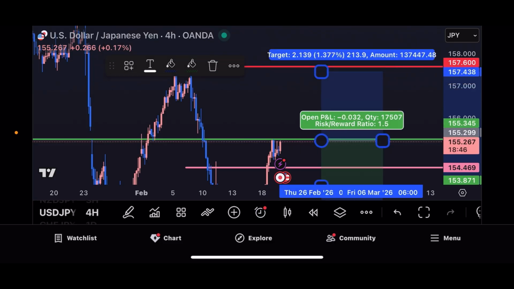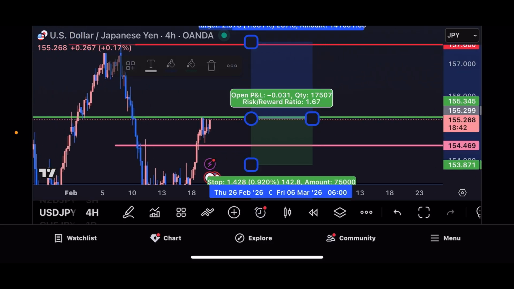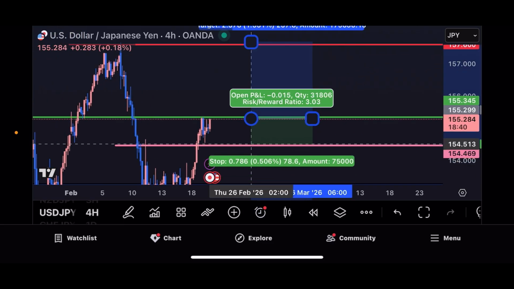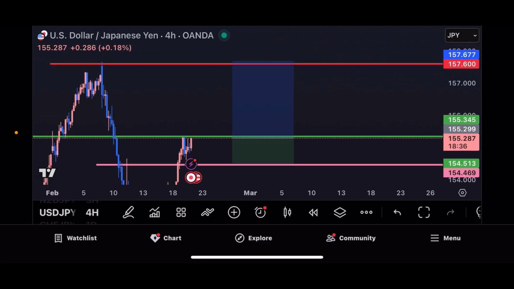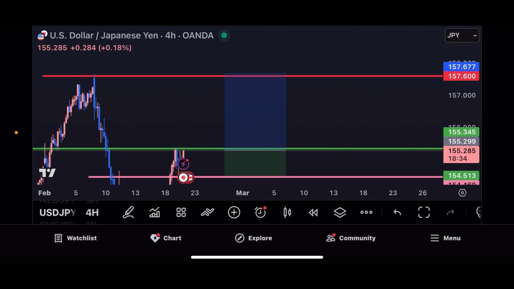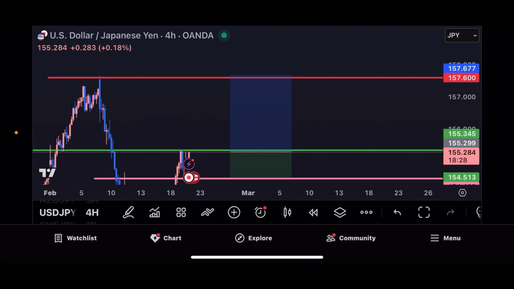So if we look at that 200 pips at a 0.01 lot size, we would make about $20 for those 200 pips. If we looked at that on a 0.10 lot size, which is $1 per pip, we would make about $200 for that trade.